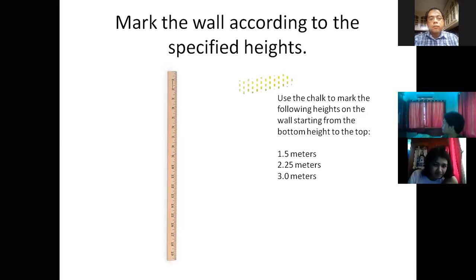So maybe you get your chalk and then you mark the walls according to the specified lengths. And again, that's the purpose of your chalk. So maybe from the baseline of the floor, you can set the meter stick.